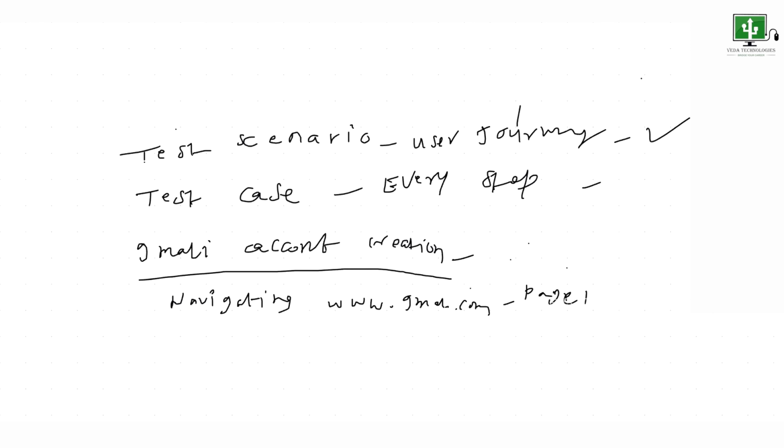If there is no existing account, you will see only two options: use another account, remove an account, correct? Screen and page, don't confuse them. In page one, we are seeing three options.